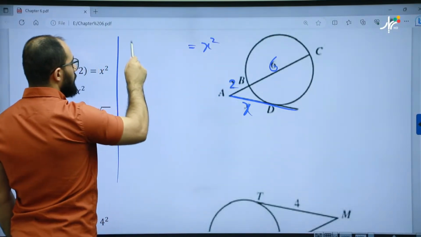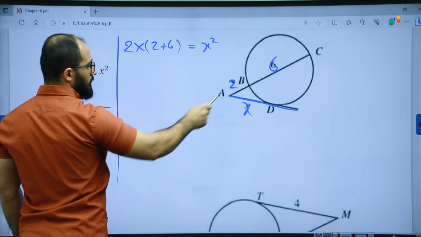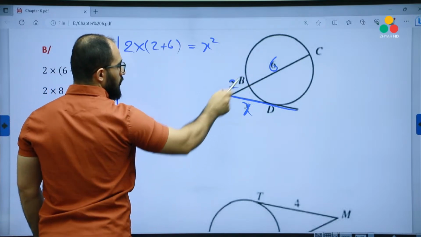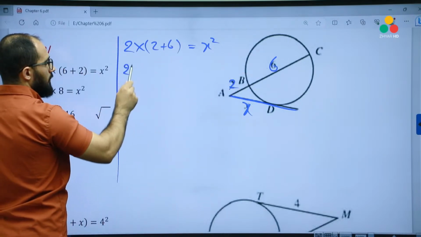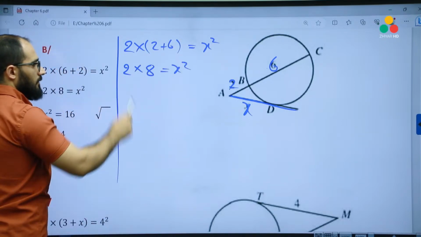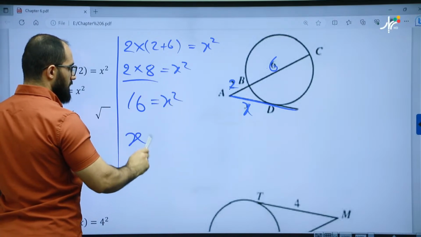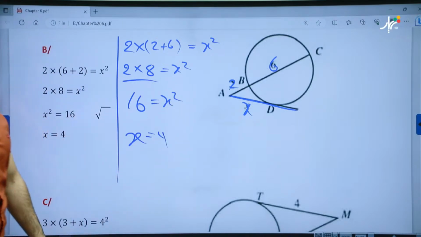Then you have 2 times 2 plus 6. It's going to be 2 times 8 is equal to x squared. 2 times 8, 16 is equal to x squared. So x is equal to 4 by using the square root.